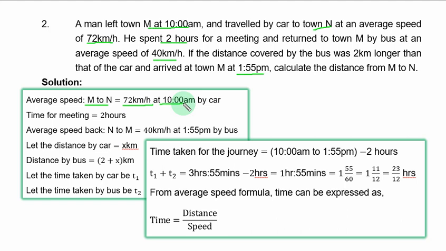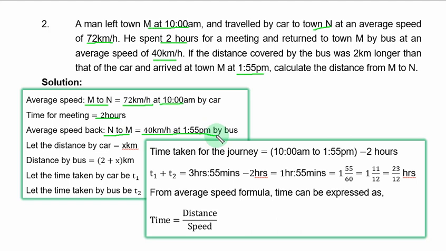With this, the man arrived at town N. Time for meeting is 2 hours. Average speed back, that is from N to M, is 40 kilometers per hour at 1:55 p.m. by bus.